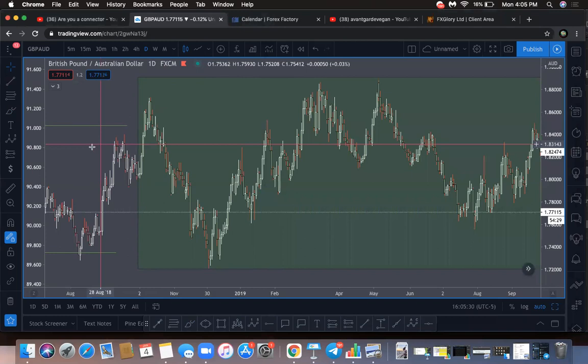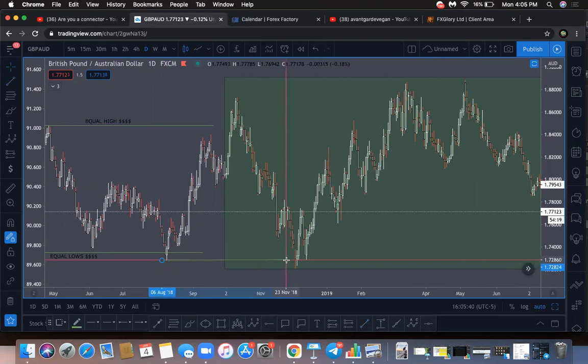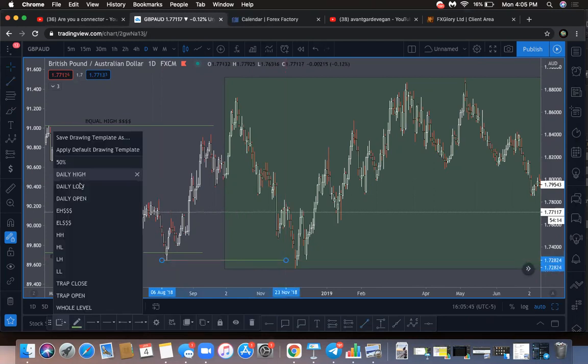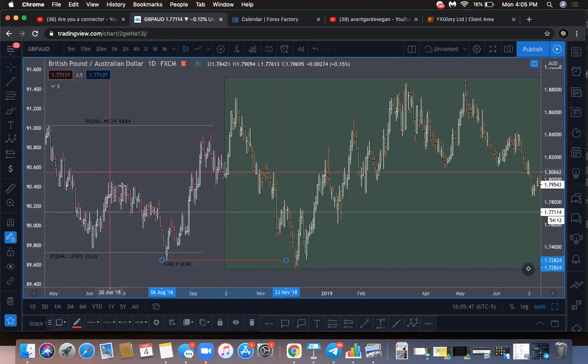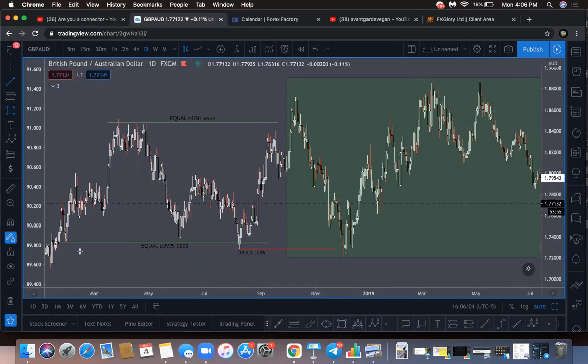So when we identify that, we notice that the market ran this major low point while also filling in an imbalance.